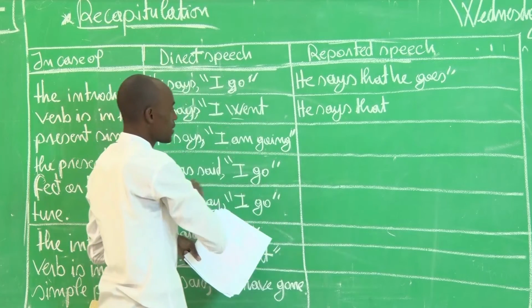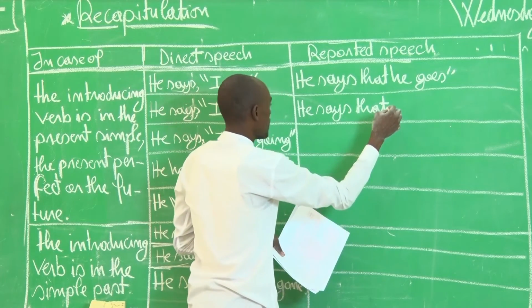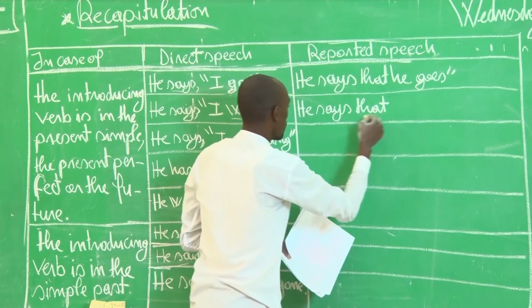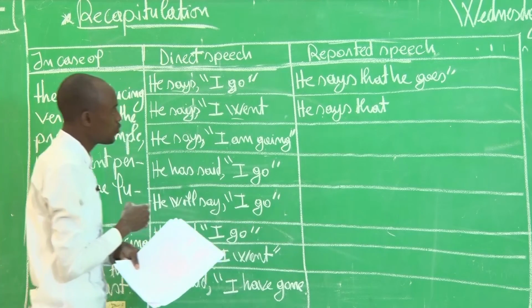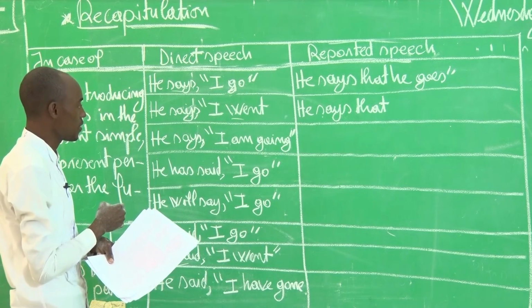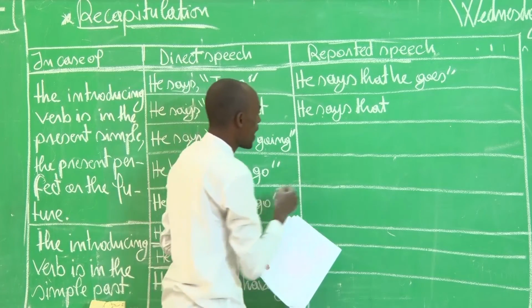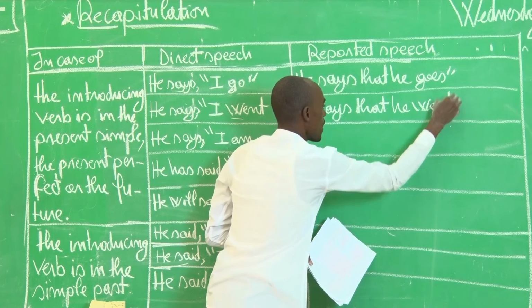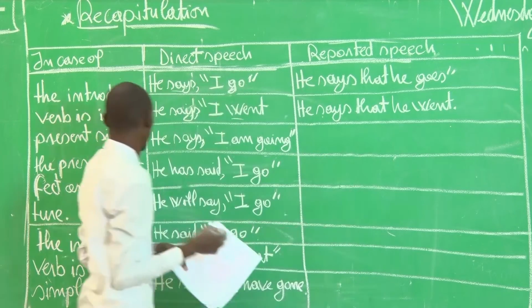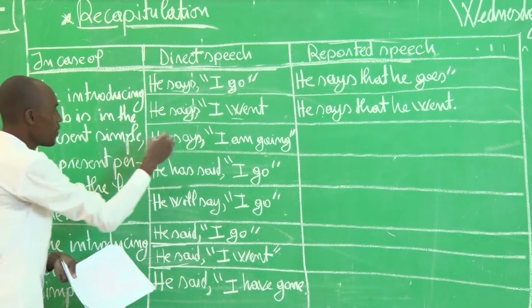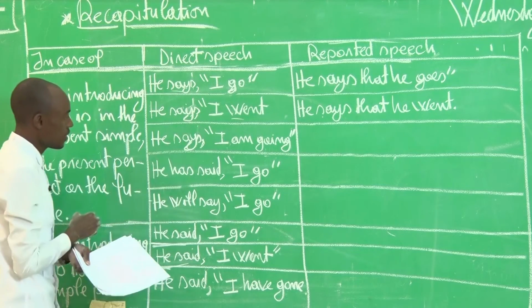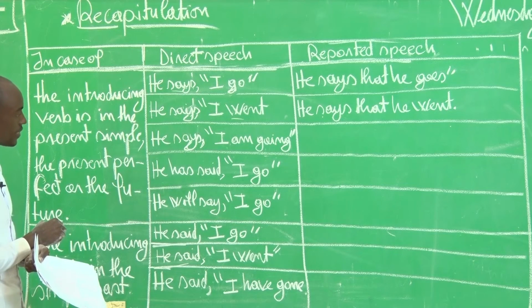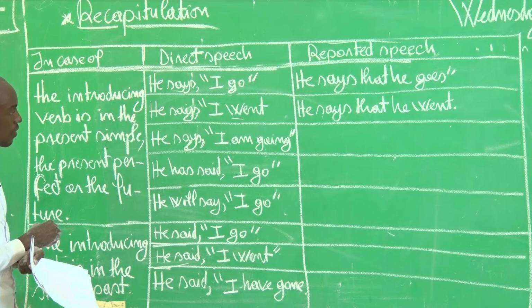The simple past remains the same in reported speech because the introducing verb is in the present. We have, he says that he went. Yes, he went. And in this sentence, this is in the present simple, he says, I am going.